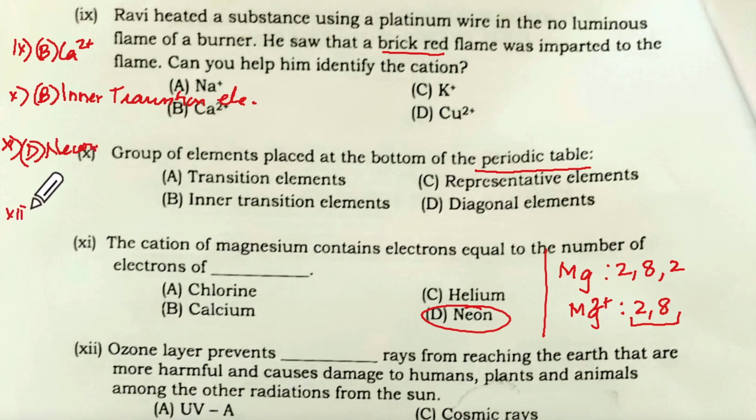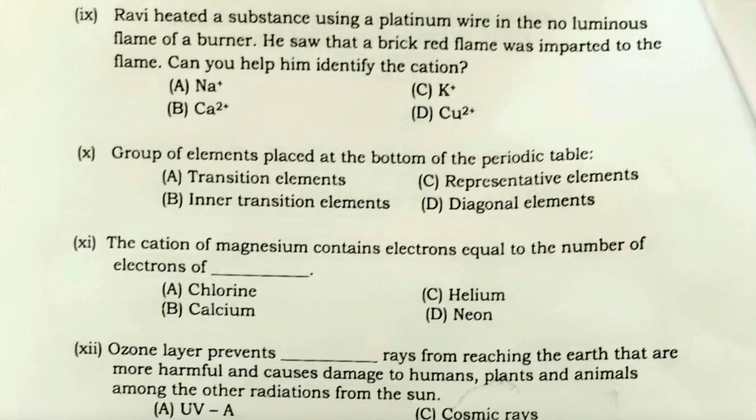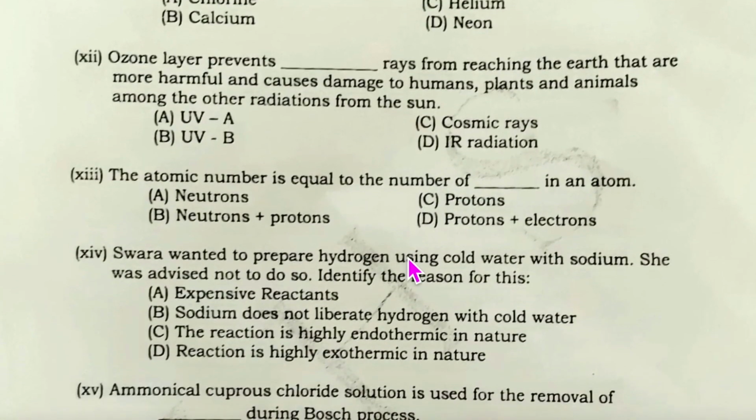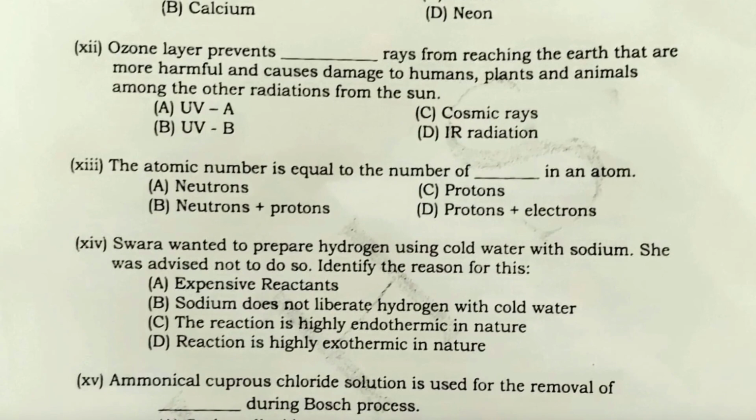Then we come to the 12th one, ozone layer. Now this is atmospheric pollution. The ozone layer prevents which rays from reaching the earth? It blocks which one? Now for this you'll have to just look fast. Tell me which page?